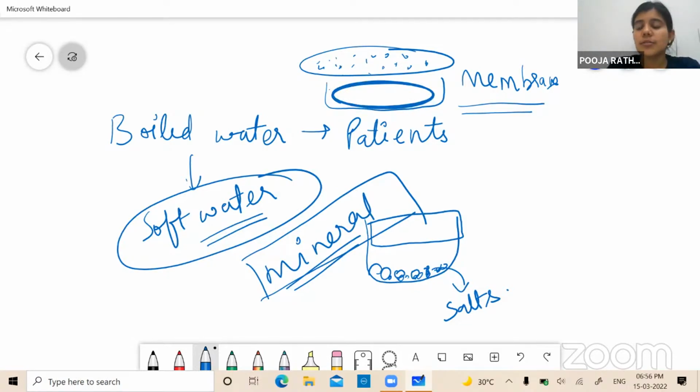Okay, and that's why in earlier times boiled water was given to patients, and now mineral water is provided through Aquaguard, so no boiled water is needed anymore.